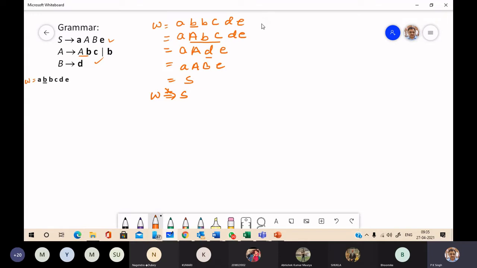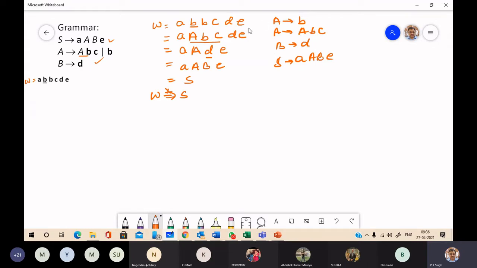Here we have used A to B. Here we have used A to A, B, C. Here we have used B to D. And here we have used S to A, B, E.